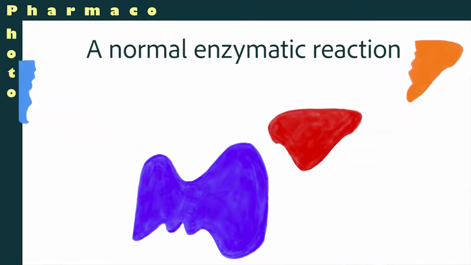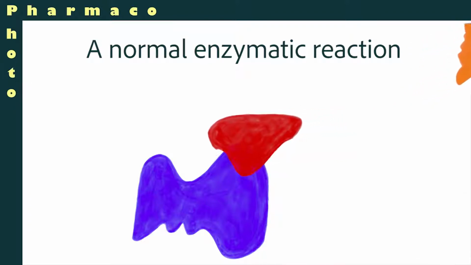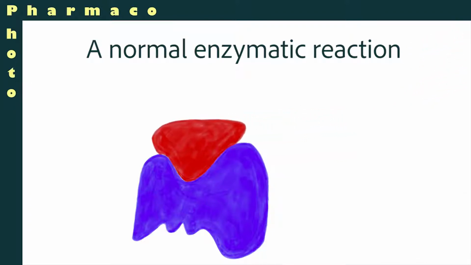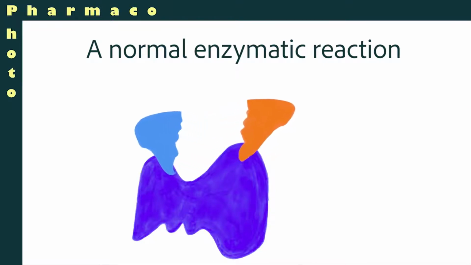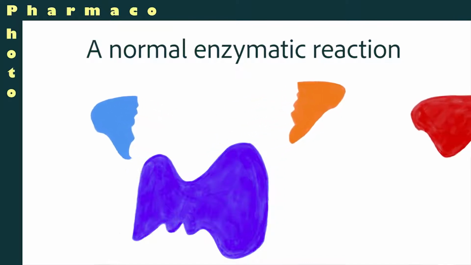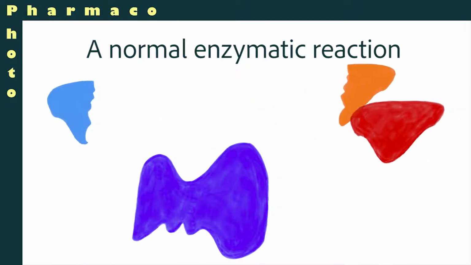Enzymes are really important to a range of biological processes. So given that, it's understandable why a lot of our medications work by inhibiting one of them. So let's try to understand the basics of enzymatic inhibition as it applies to our medications.